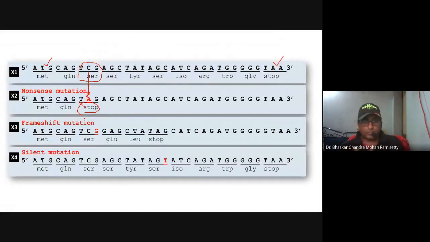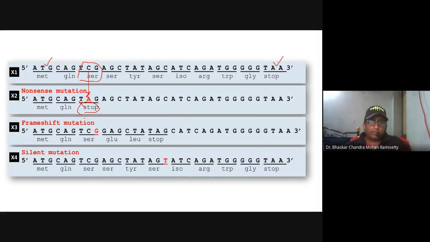So A is substituting C, so it is a transversion. That is at the level of the DNA sequence. At the level of protein sequence, it is a nonsense mutation because a sense codon has become a nonsense codon or a stop codon, because of which the protein is truncated and very small, and often usually non-functional.